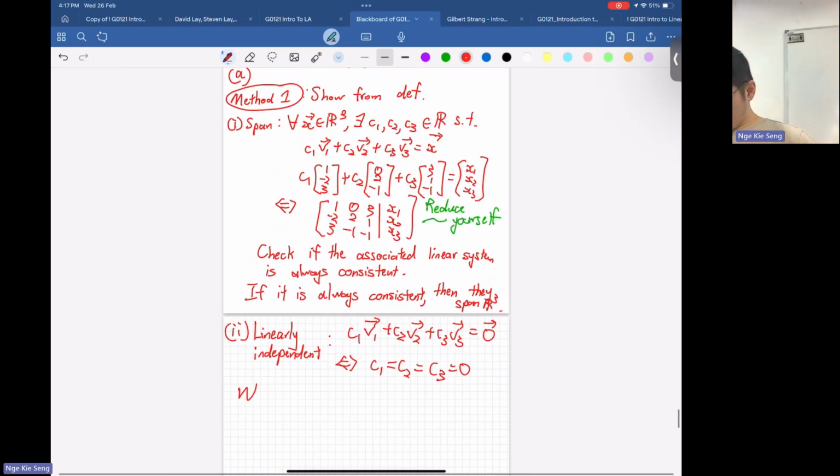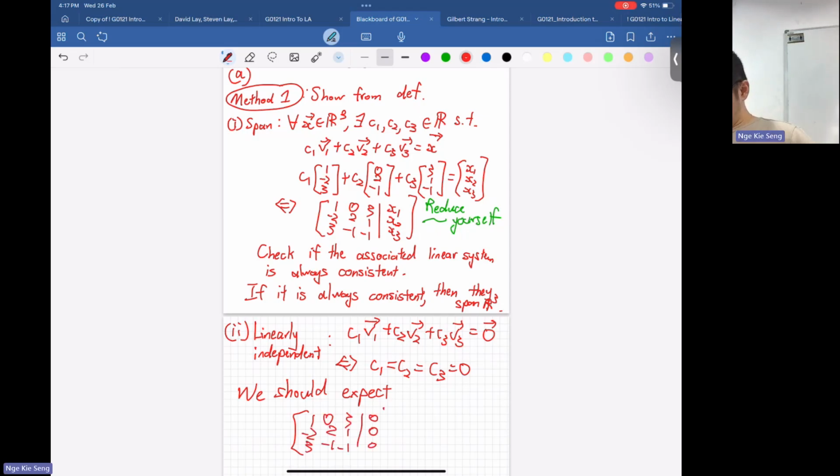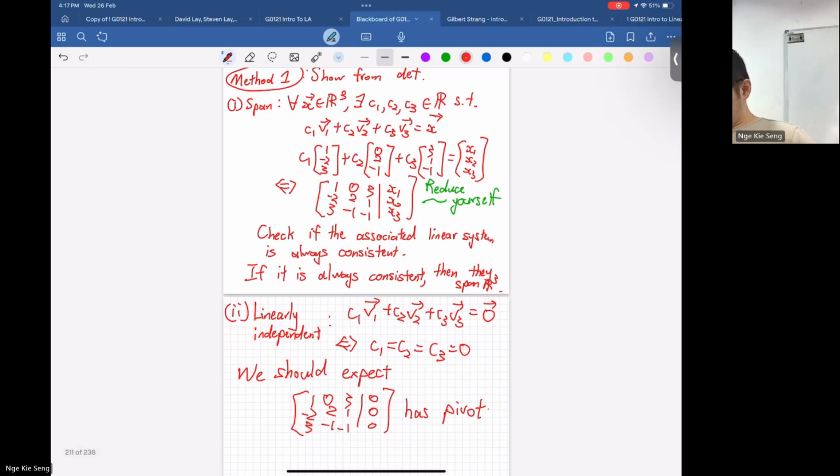So we should expect this augmented matrix here has a pivot in every column.